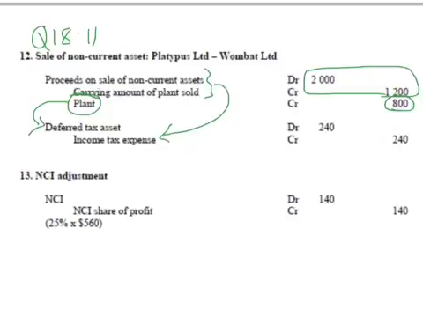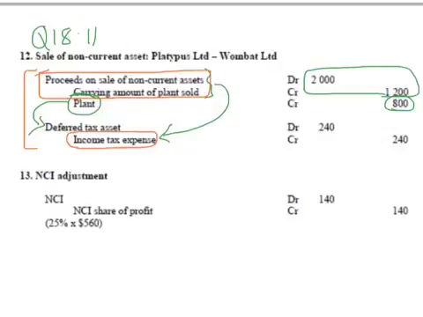Let's see, from the accounts used in the adjustment to reverse the sale of the non-current asset, which of those accounts affect the equity of the group. The proceeds less the carrying amount of the plant sold gives us the gain on selling the asset, so that is an earnings account. And then the income tax expense, of course, is an expense. So these three accounts form part of the profit and loss of the group.